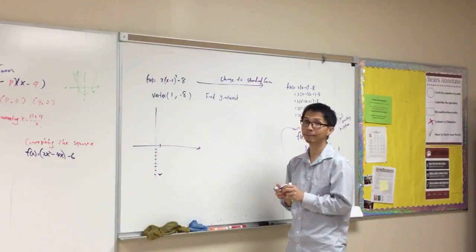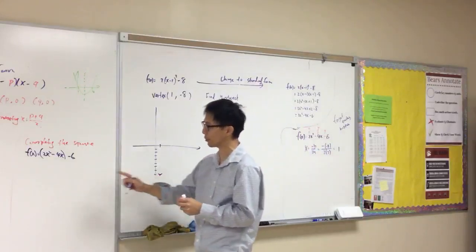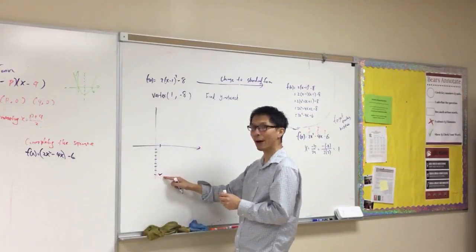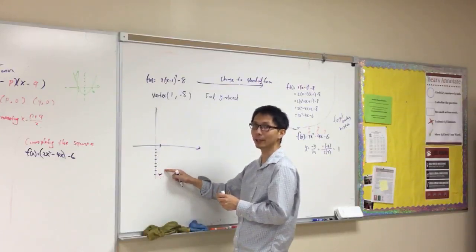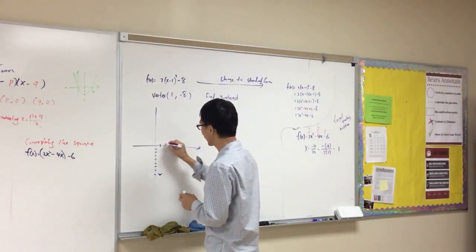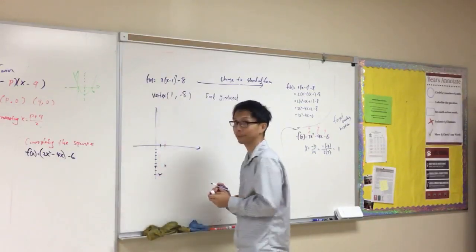Now you can find your next point: move 1 to the right. How many units up? 2. It's going to be 2 units up right here and 2 units up right here.